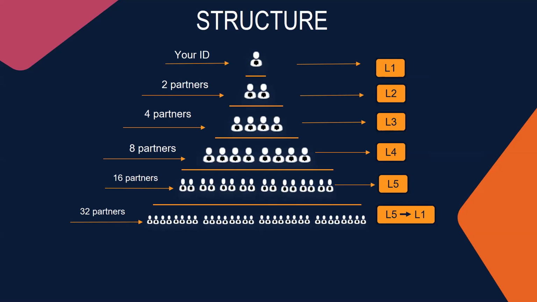So I repeat, referral is one thing and partners are another thing. Referrals are the guys whom you brought. They will give you direct commission, but they will not make you grow up on a smart contract. On the other hand, partners are given fully from the system. You have nothing to care about, and these are the ones that are going to make you grow up on the system, level after level.